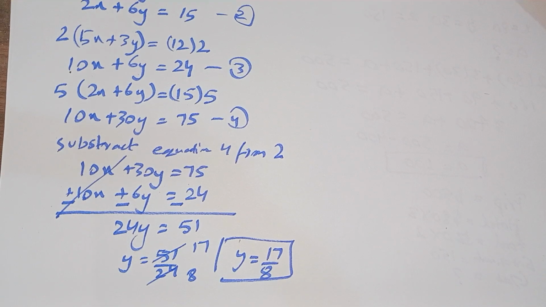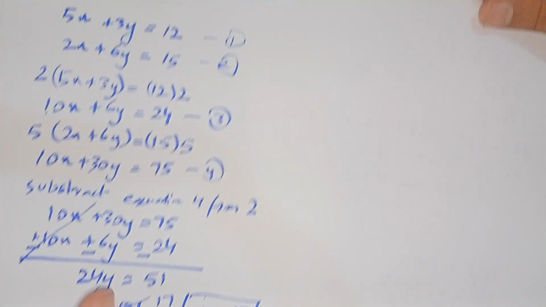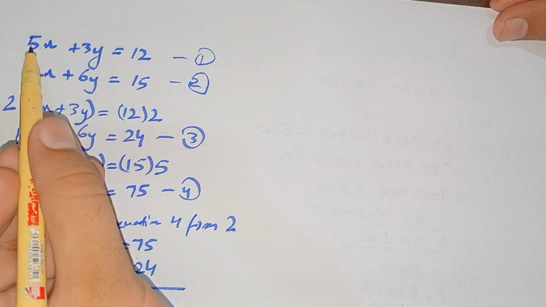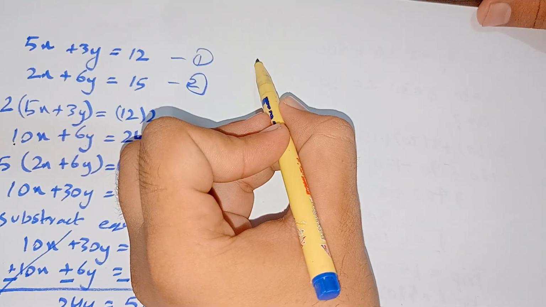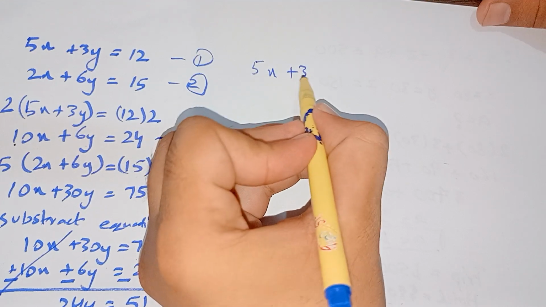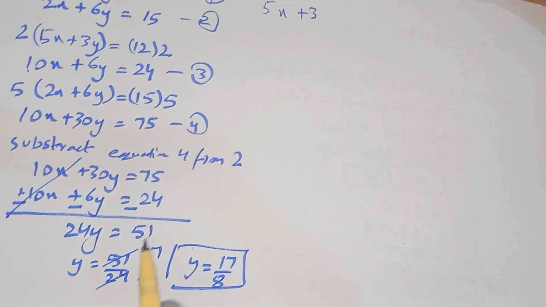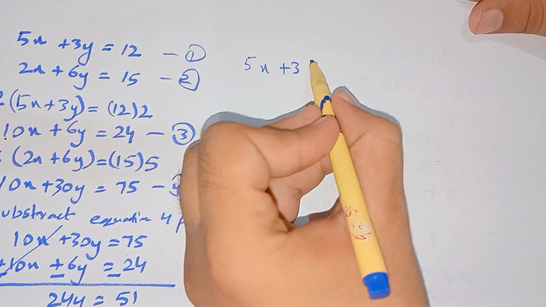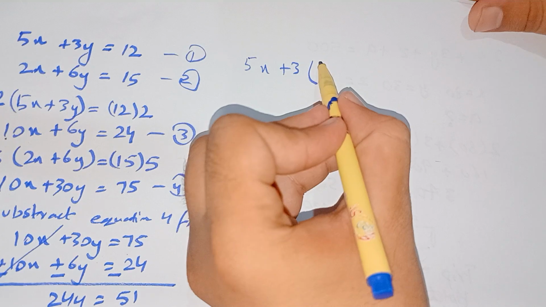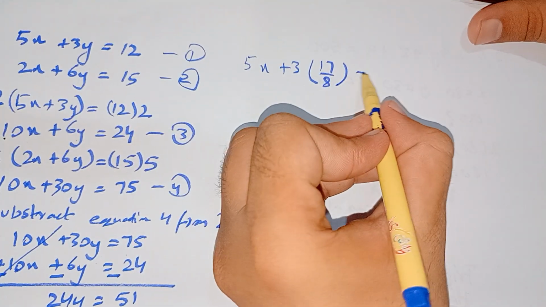Now we have to put our value in to find x. You can choose either equation. I choose the first equation, 5x plus 3y, and put the value of y, 17 by 8, in the y place, equal to 12.